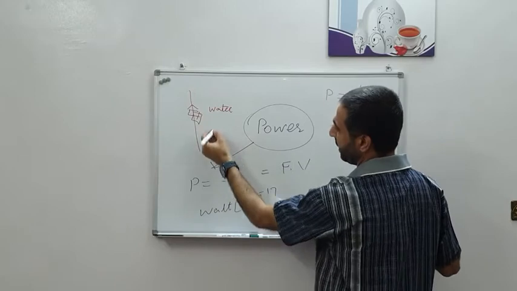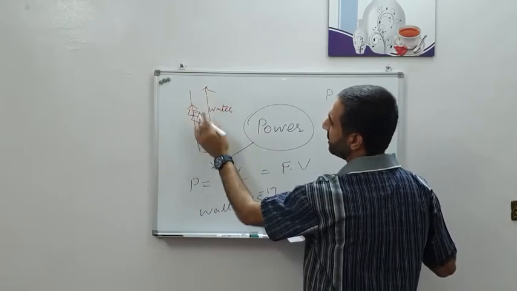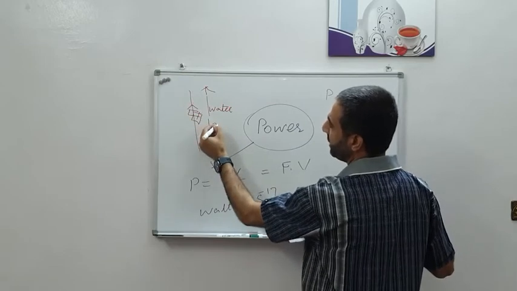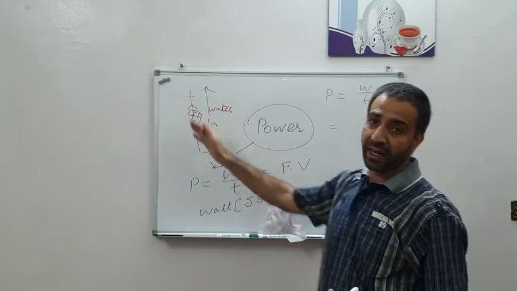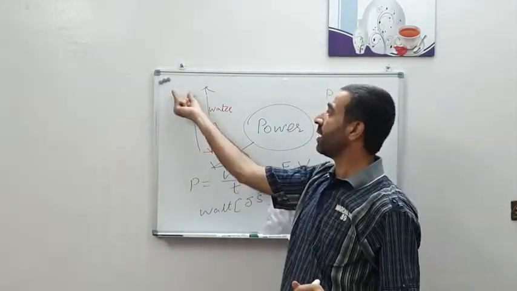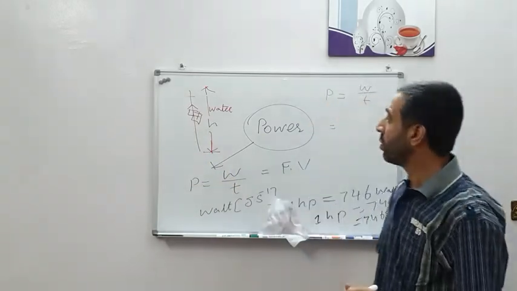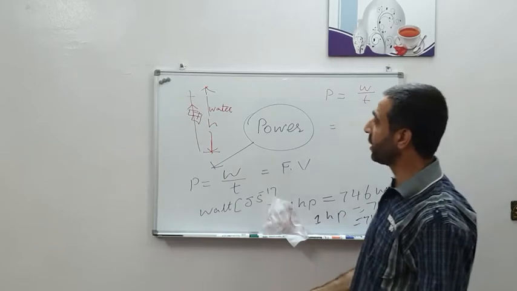You want to take it to a height h. For example, there is a water tank located on the top of your building, and you want to pump the water from the base tank to the top for use. What could be the required power for the water pump which you will buy? This is so easy.